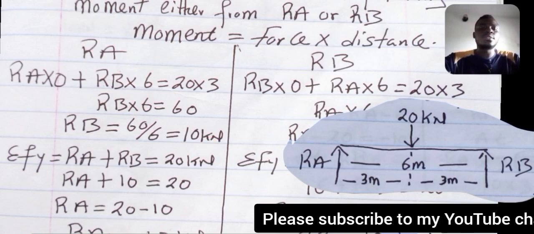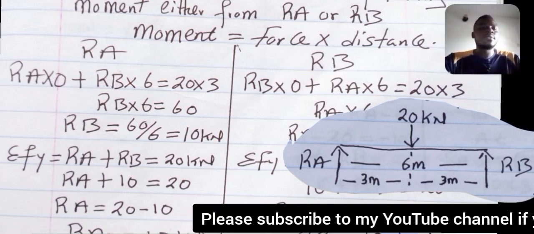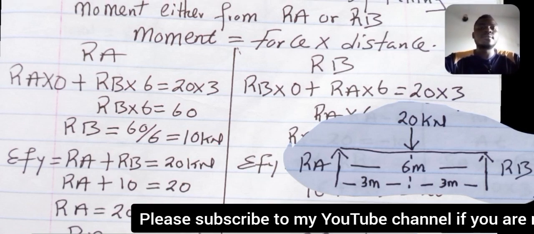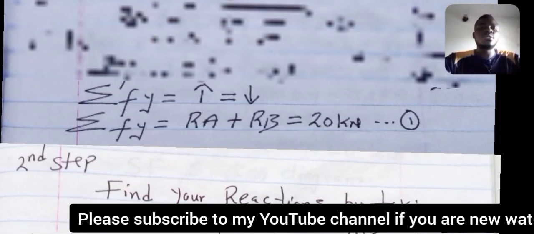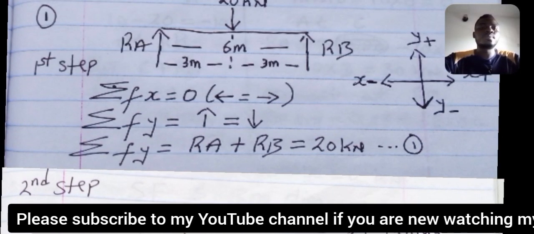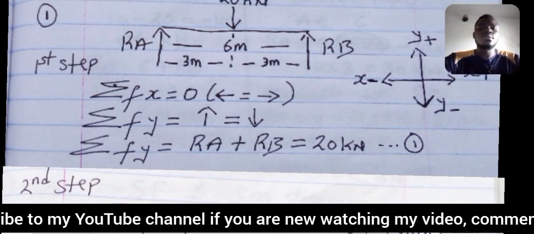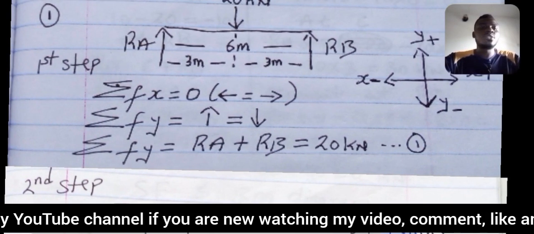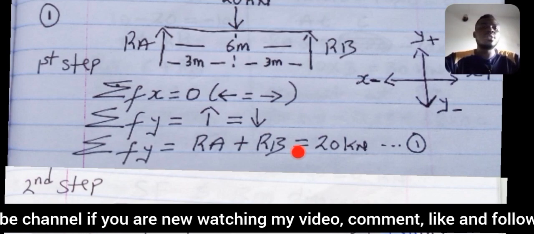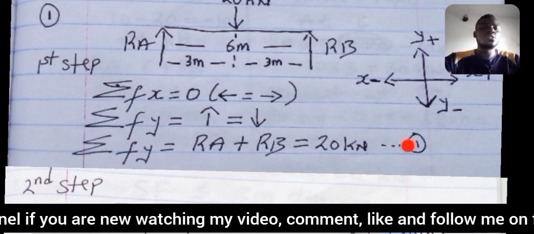Then from the equation here we say RA plus RB equals 20 kilonewton, making it equation 1.